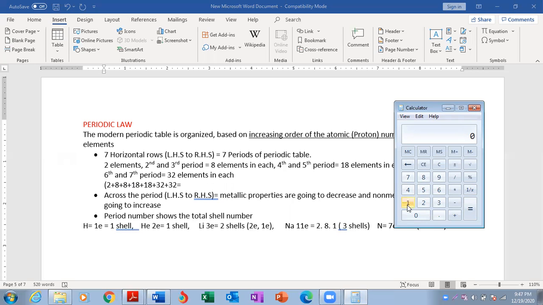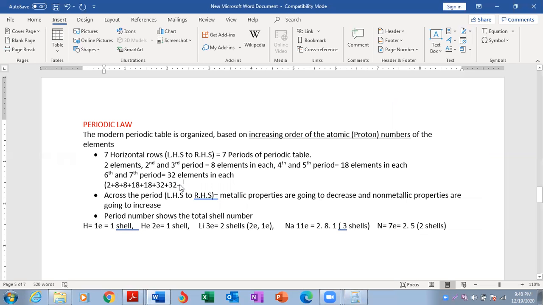So we have 3 eighteens. 18 multiplied by 3 is equal to 54, plus 64. So we have 118 elements. Now the periodic table has been completed, because all of the periods have been filled.